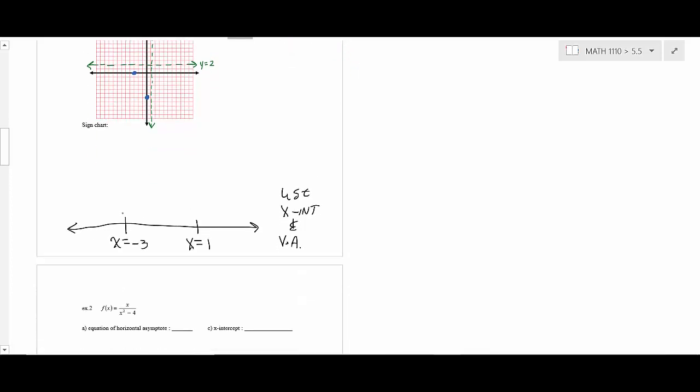Now what I like to have students do is use dashed lines there. And if you have something undefined, it's a reasonably good idea to put U for undefined. So you have a vertical asymptote there, and then you have an x-intercept there. It's worth labeling that, but you don't have to. So we're going to use this information to figure out how the graph is behaving.